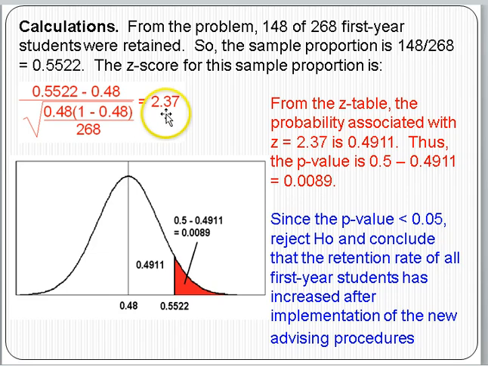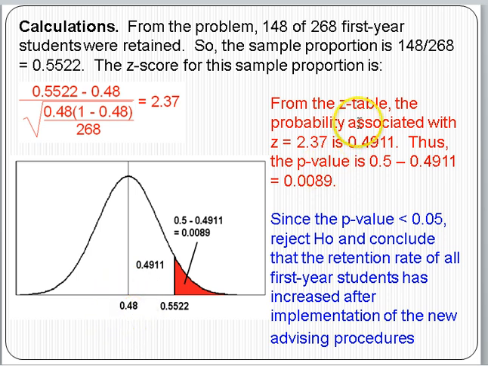That equals 2.37. Again, that says that the observed sample proportion, the observed retention rate amongst the sample, is about 2.37 standard deviations greater than the 0.48.